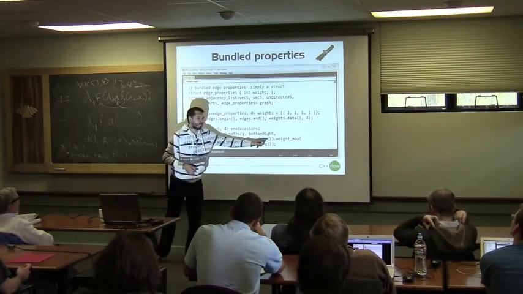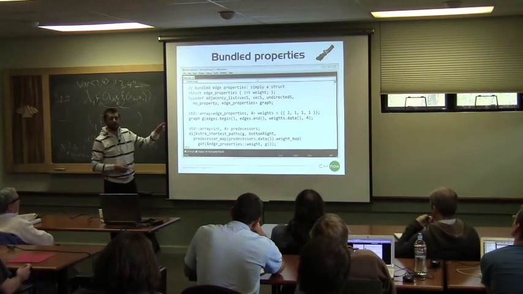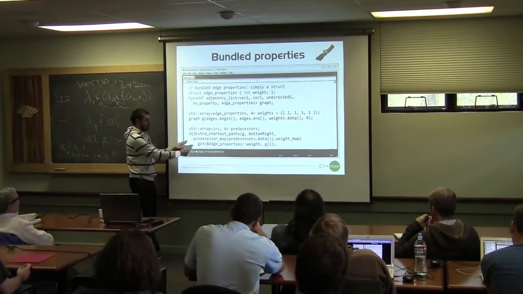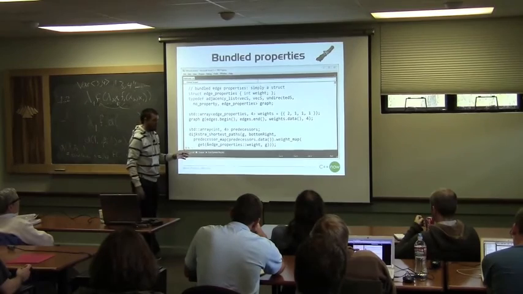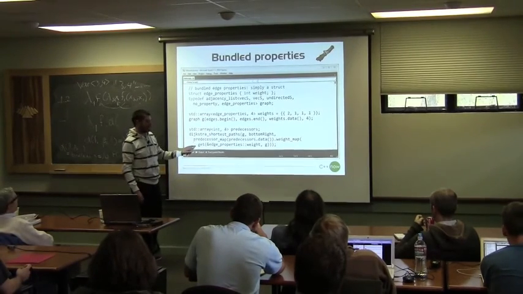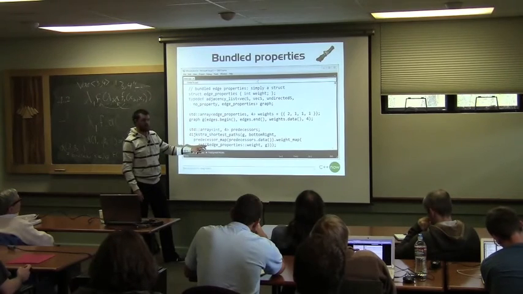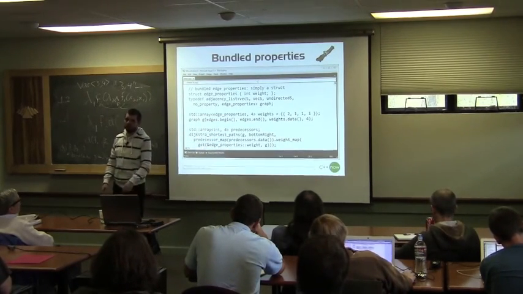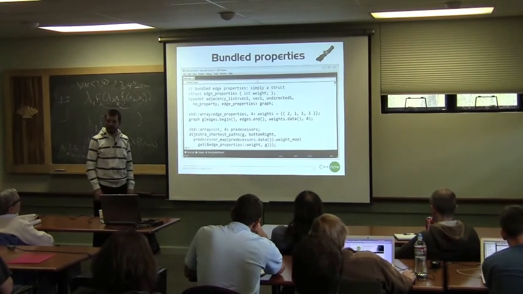I have to call weight_map here because I have to tell this algorithm where it now finds the weights for the edges. Then I have to call get again and tell this weight_map function, you will find the weights in the graph, in the struct EdgeProperties, in the member variable weight. And then the algorithm understands where it has to look up the weights for the edges.